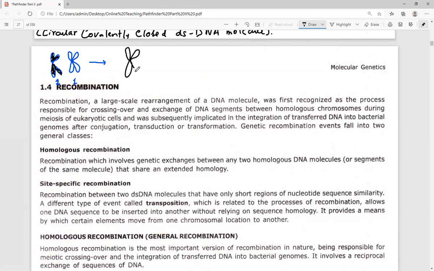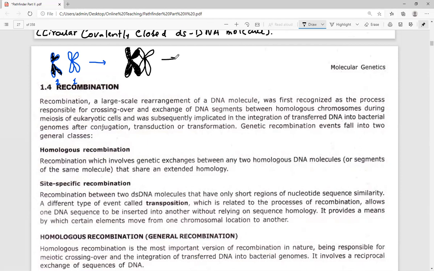Here there are regions present over the chromosomes, and those regions are commonly called the hotspot regions. Supposing this is present, there the exchange has occurred.